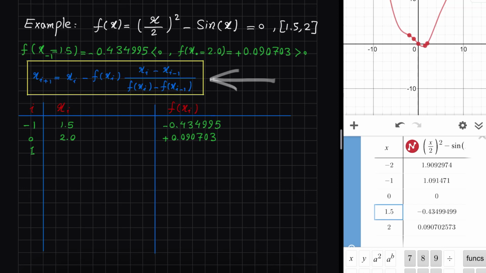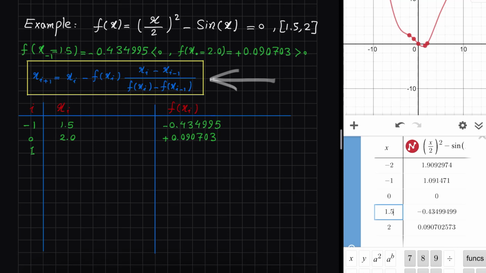So we put this equation in the Desmos graphing calculator, but please pay attention that we have 4 variables here: xi, f(xi), xi minus 1, and f(xi minus 1). So we have 4 different values here.